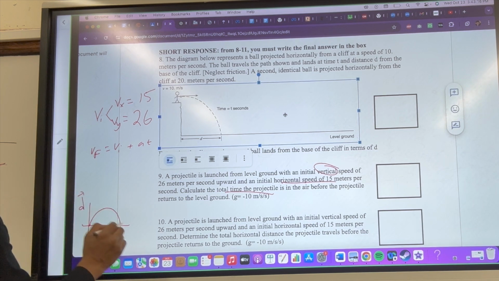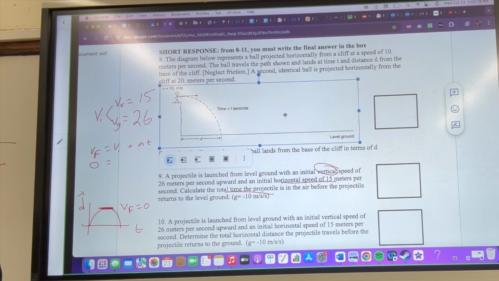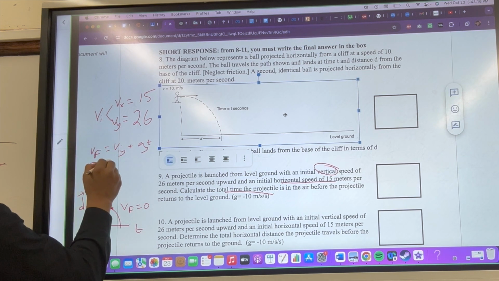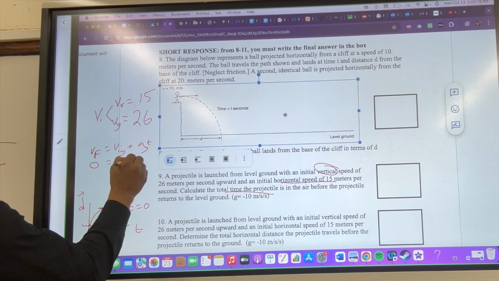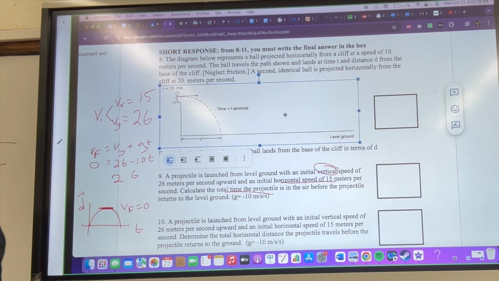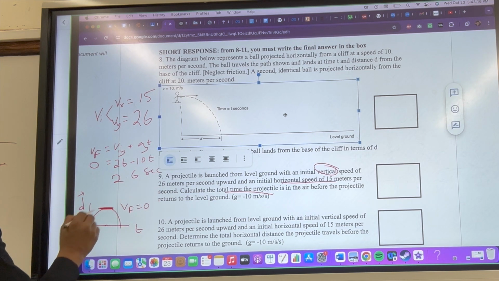So let's say this is the displacement versus time graph, and let's say velocity final is 0 over here. So put the 0. So Viy, of course, and Ay. Viy is how much? 26 minus 10t. So this gives you 2.6. The total time is not 2.6. 2.6 is because I put the velocity at max height; it takes 2.6 seconds for the ball to go to the max height.